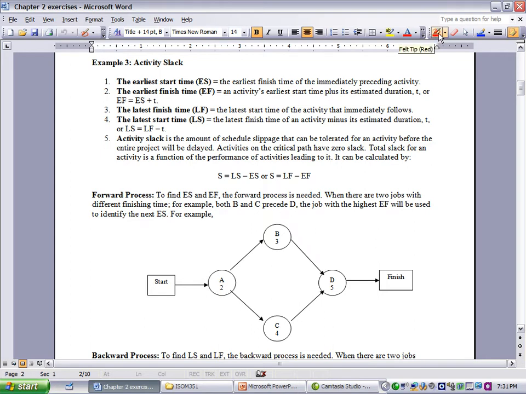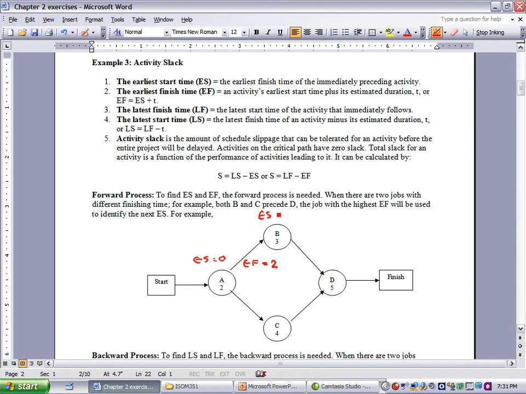Okay, to do a forward process, we start with the earliest start of the earliest activity, which starts with 0, and ends with ES plus T, which is 2.